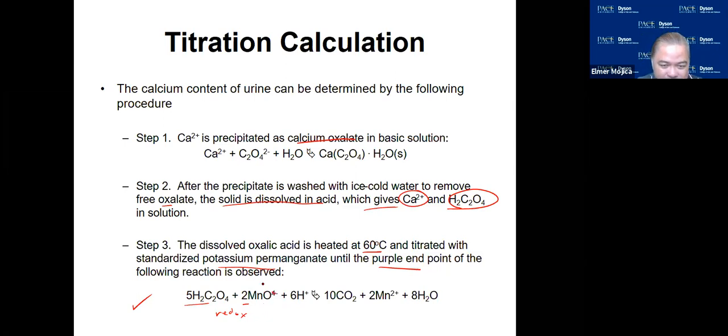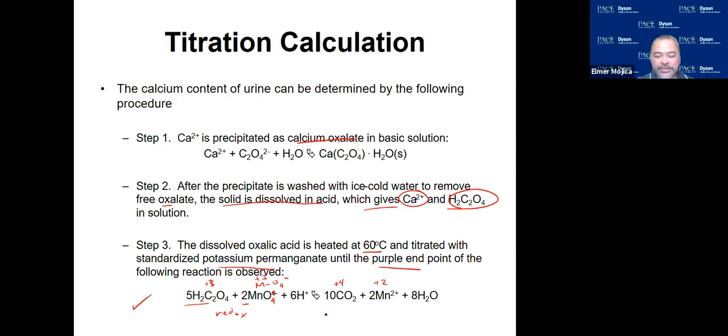If it's MnO4 minus, so this is +7 and this is +2. And then the other one is carbon. So this is what? 4 times -2, -8. So this is +6. No, not +6, +3, because there's 2 of them. And this is +4.